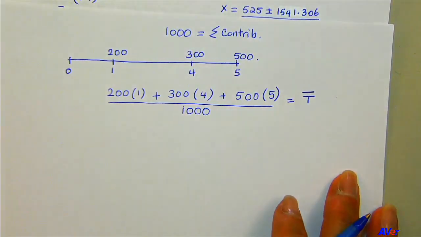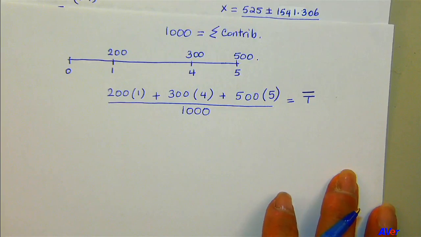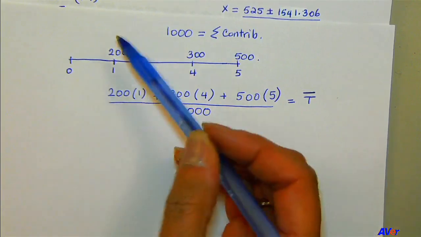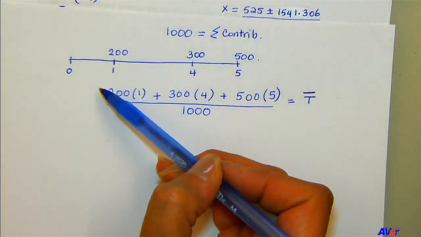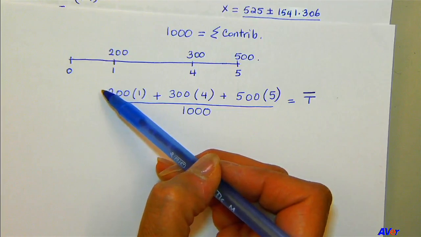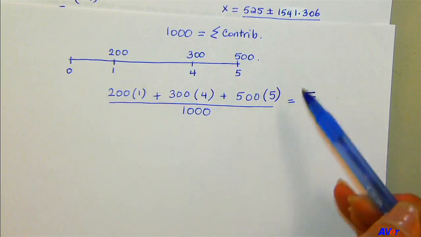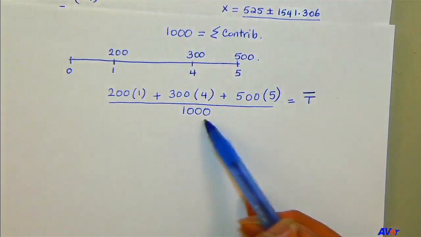That's going to be the punch, meaning you don't have to go through all the V to the T business that we normally do. The approximation says that you can take every contribution and multiply it by the time when the contribution was made and set it equal to T times the total contribution.